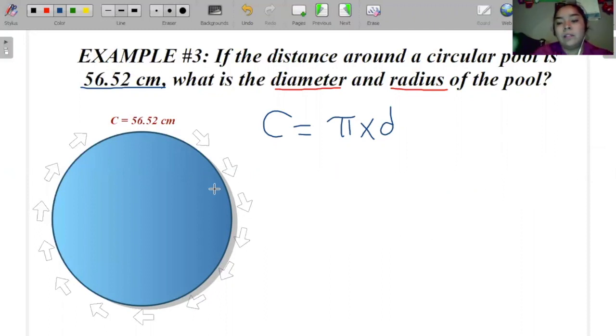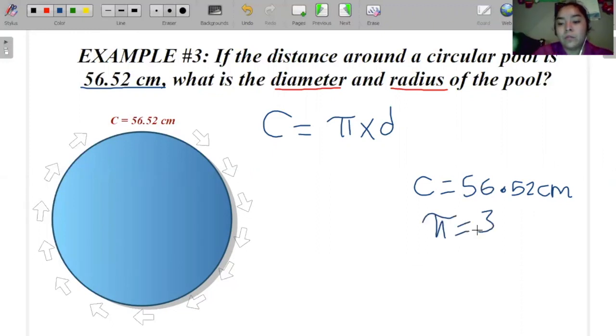And we know that pi is equal to 3.14. We're going to look for our D. We don't know our D, so D is going to be a question mark.